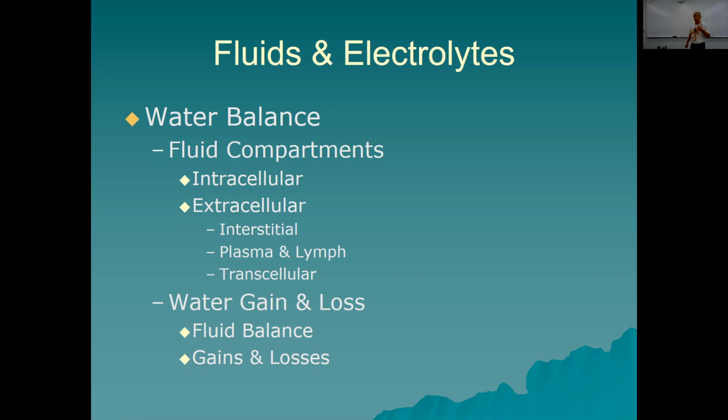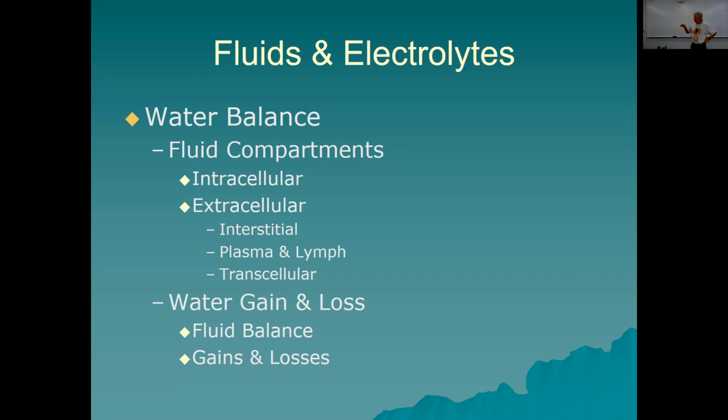One is interstitial fluid. It's a fluid that surrounds cells. Then there's plasma, lymph, and what's called transcellular. And that's a minor fluid compartment, like the aqueous humor in your eye, for example.